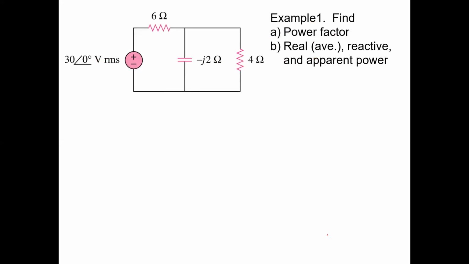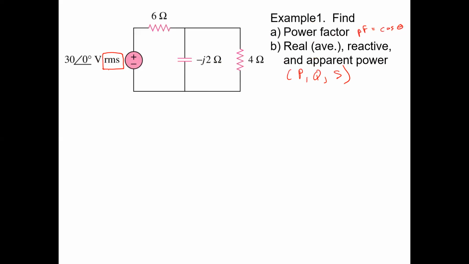So we're asked to find in this circuit the power factor, which, as a reminder, is the cosine of the theta of the impedance. If you know the angle of the impedance, it's the cosine of that. And then the real, which is the average, reactive, and apparent power, so that's P, Q, and S. Another thing you'll sometimes see is the voltage of the signal phasor is in RMS.